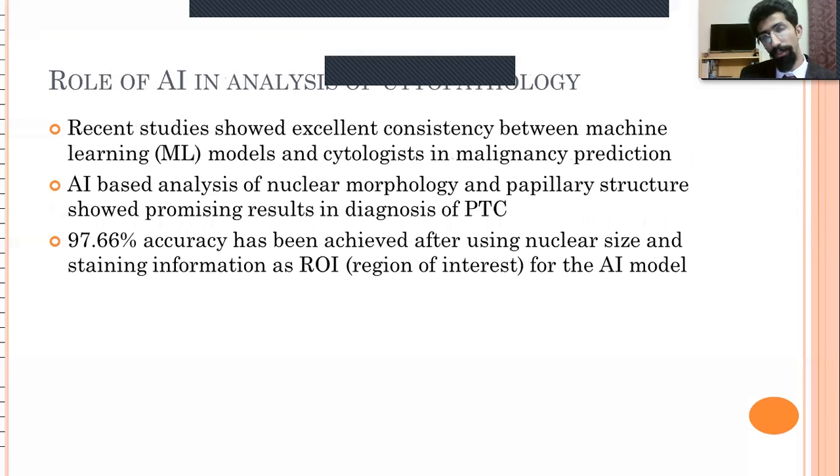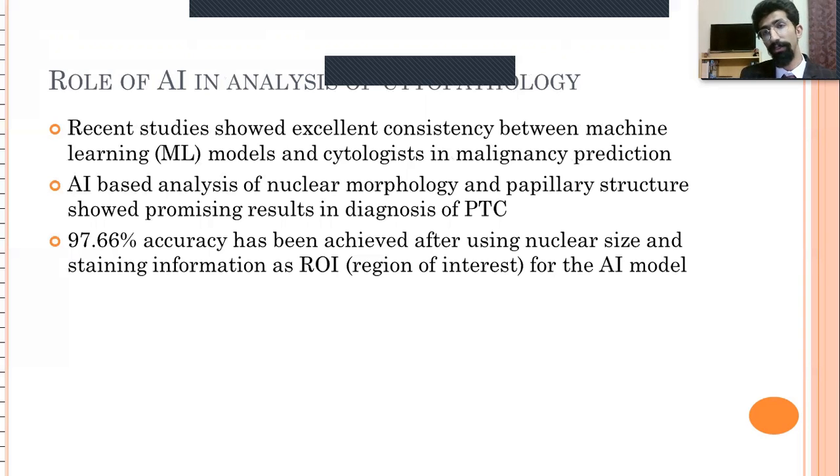As we have already discussed, FNAC is one of the most reliable investigations that we do for the assessment of thyroid nodules. We have used AI for assessment of the cytopathology. Morphological features like the nuclear morphology and the papillary structure have been used for the diagnosis of papillary thyroid carcinoma.